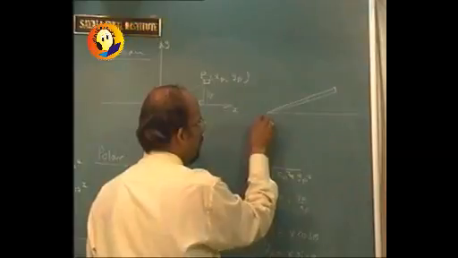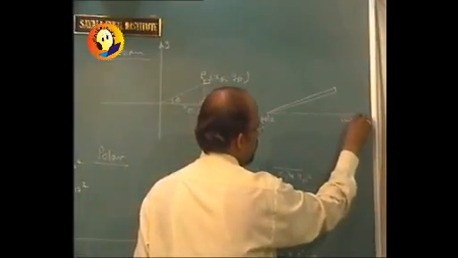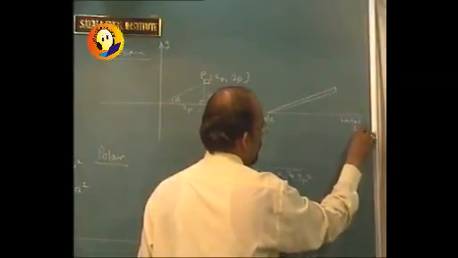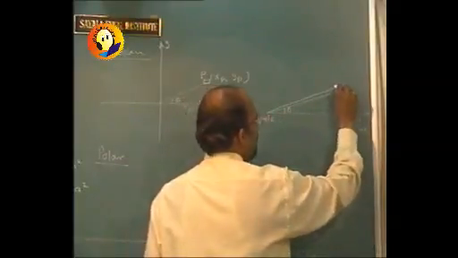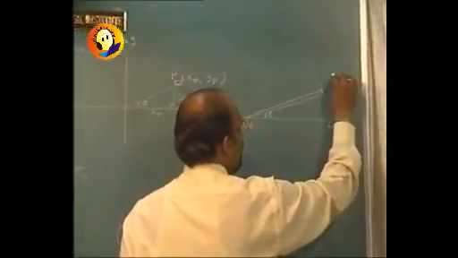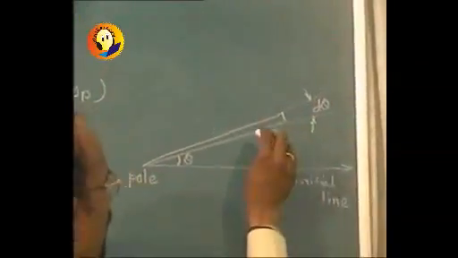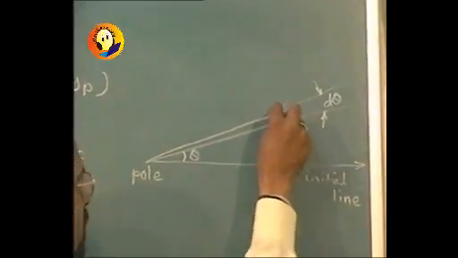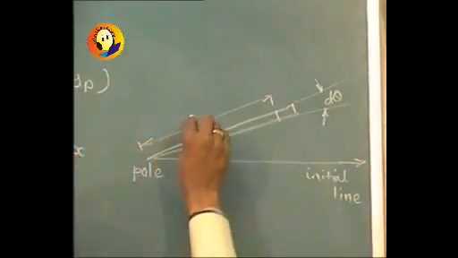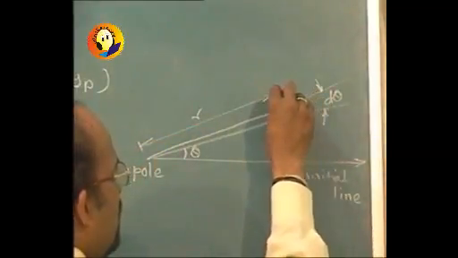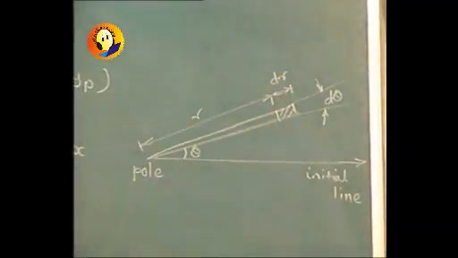It will not be called origin, it is pole, and this is the initial line which is representing x-axis. This is theta. The angle subtended by this particular radial strip will be d theta, and if this length is r, then we will talk of change in r, which is dr, and this will be the elementary area.